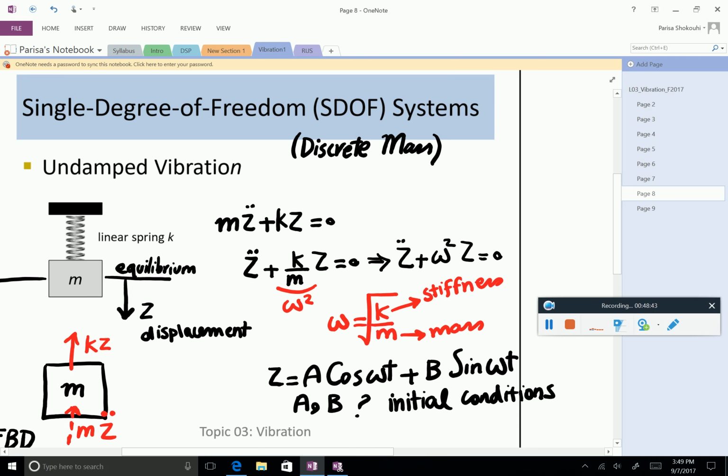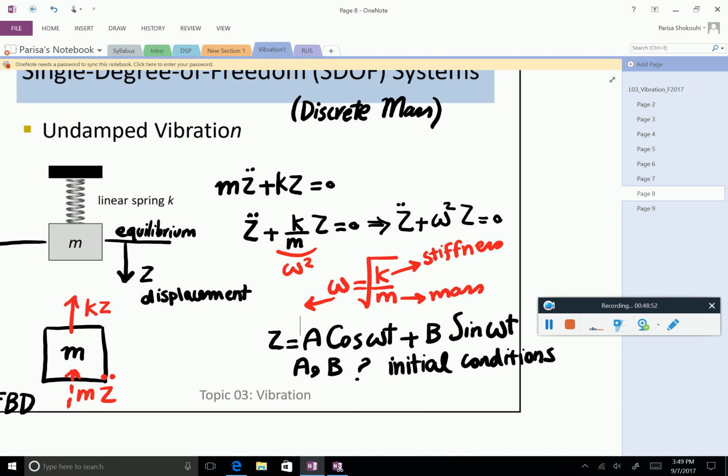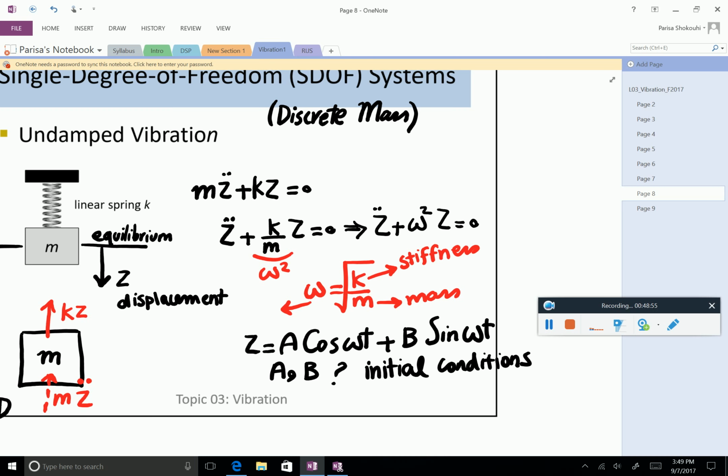So this omega, what does this tell us? The response is A cosine omega t plus B sine omega t. What did we call this kind of time signal? Exactly, 2 weeks ago, 3 classes before. It's a periodic response. What is omega to that periodic response?